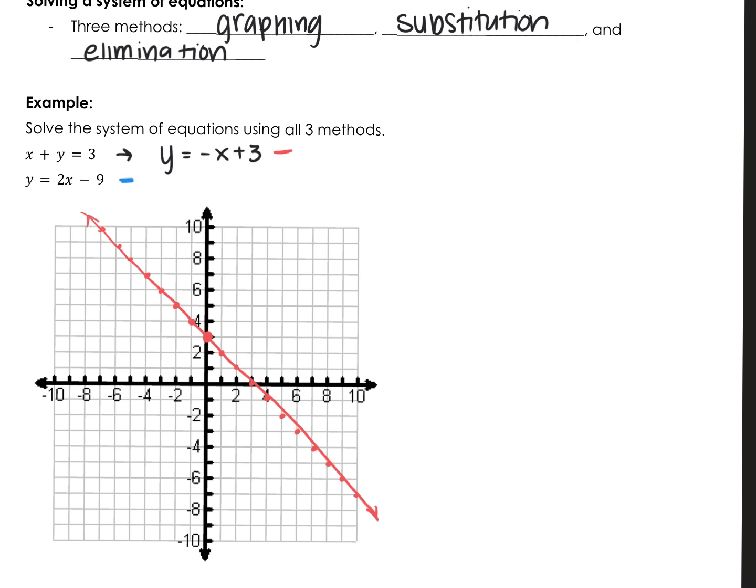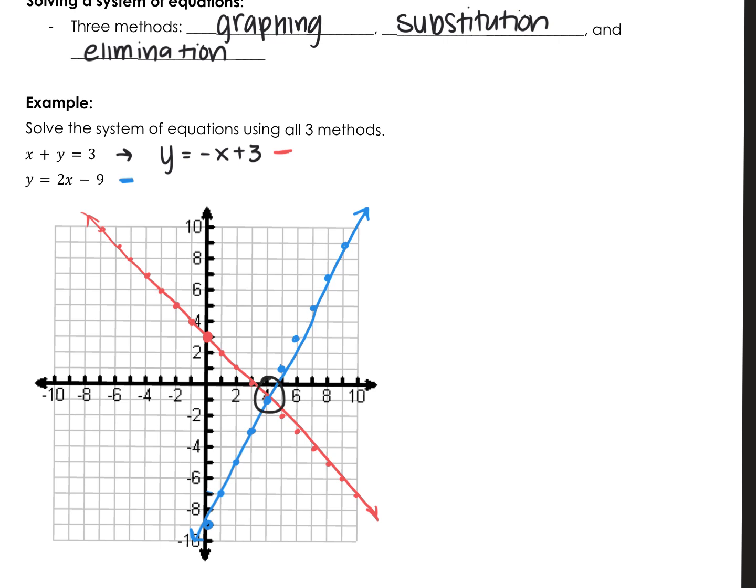Second equation, 2x minus 9, I'm going to go to negative 9 on my y-axis, and then my slope is going to be up 2, right 1. I can also go, don't really have enough room, down 2, left 1. Connect my points.